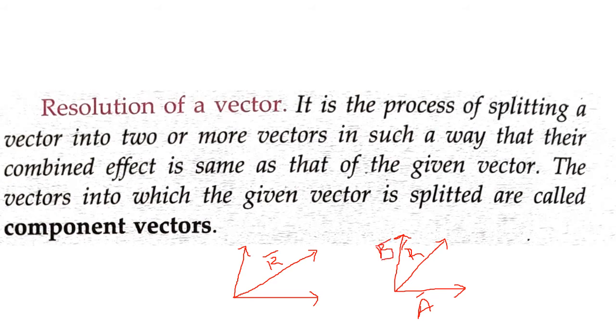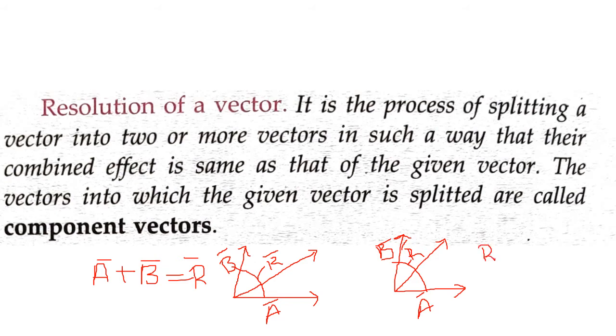Fine. So here we have learned that your vector A plus your vector B gives your resultant vector R. So we have added these two to get our resultant vector R. But in case of resolution of vectors, I will split my resultant into the two component vectors A bar and B bar.